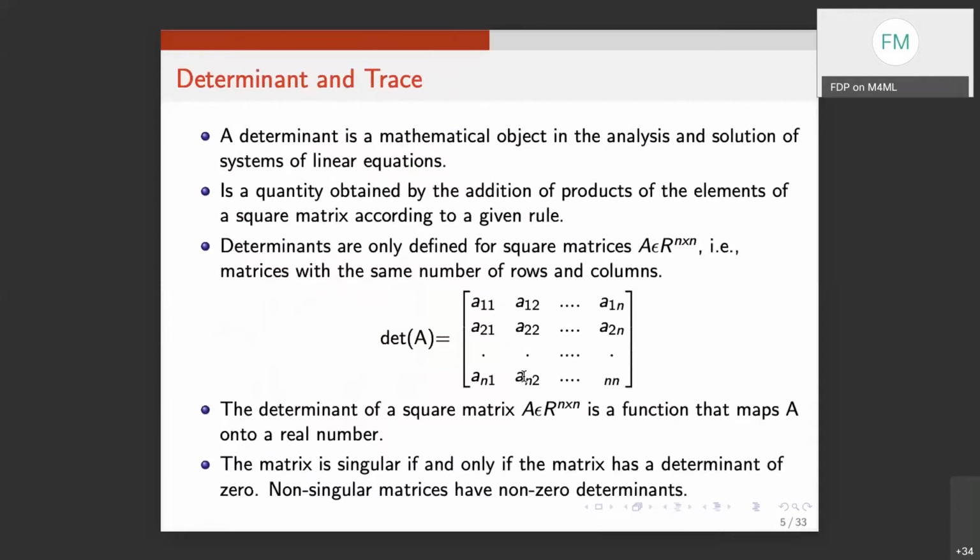When we learn matrix decomposition, it will be used in applications. Let's take an example of image compression.